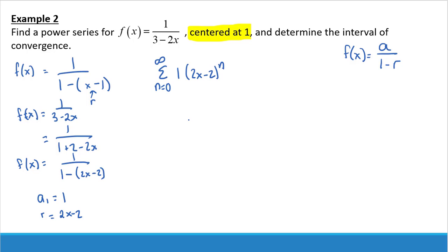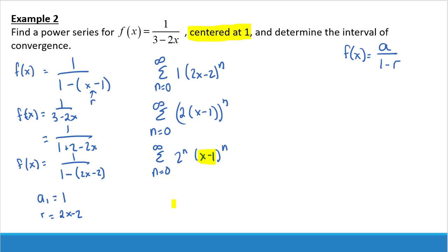And you can manipulate this, writing this a little bit differently, if I factor out a 2. Now it looks like I have a series centered at 1 because of this x minus 1.